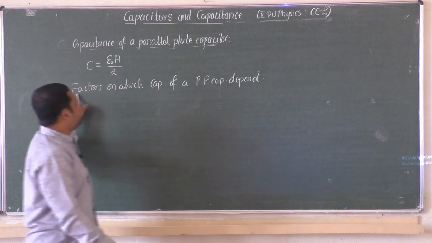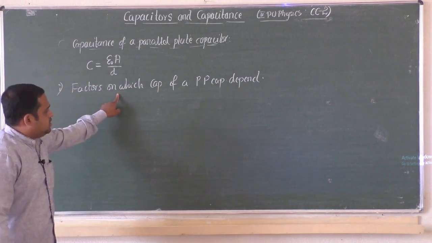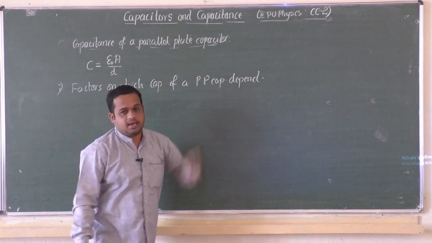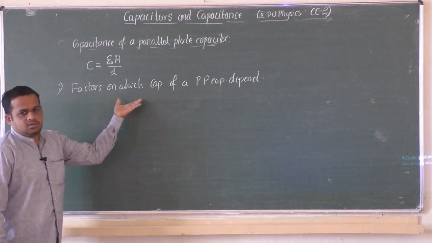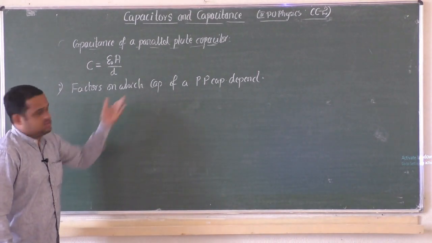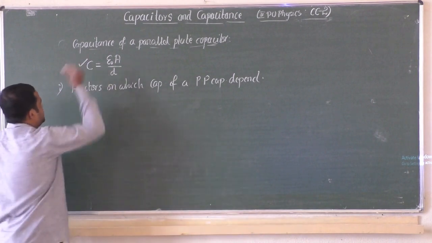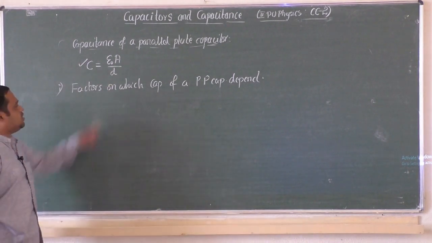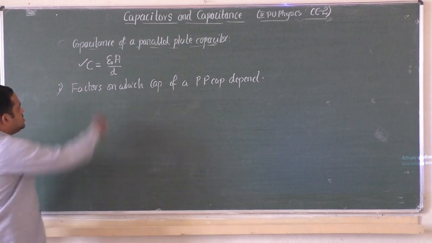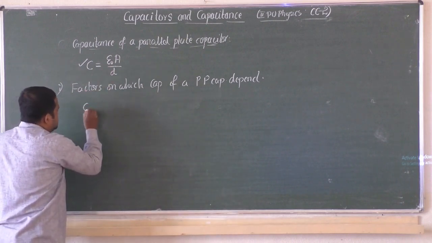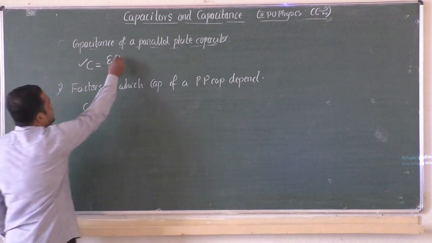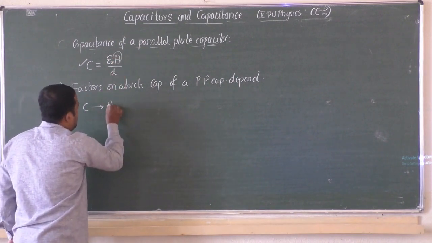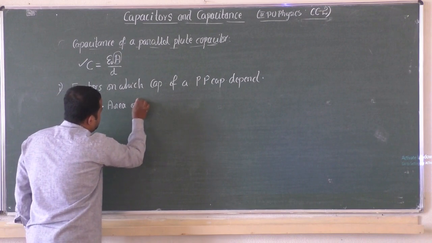On what factors does the capacitance of a parallel plate capacitor depend? So nothing to worry about this part. We have an expression, that is C is equal to epsilon naught A divided by D. That means capacitance of a parallel plate capacitor depends on, first factor is A, that is area of the plates.